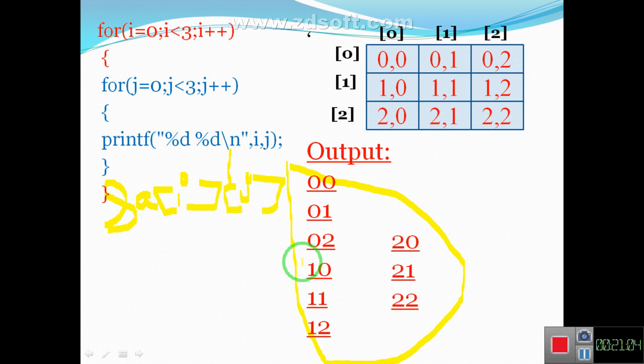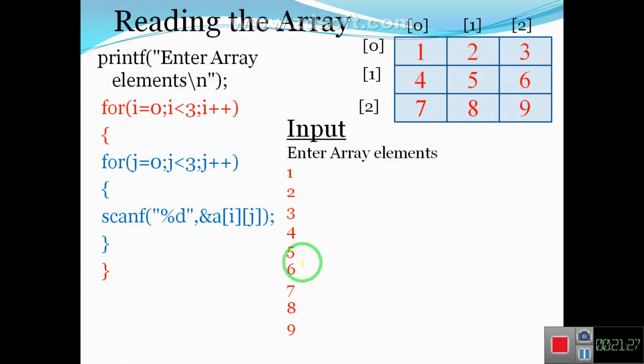So in the scanf statement, we are supposed to read the information: percentage d within double quotes, comma, ampersand symbol of A of ij. Then automatically we are able to scan the 9 values. If you change the statement to printf, then we can print the 9 values. You can see here, the same two for loops are here, generating the locations 0 0, 0 1 like this.